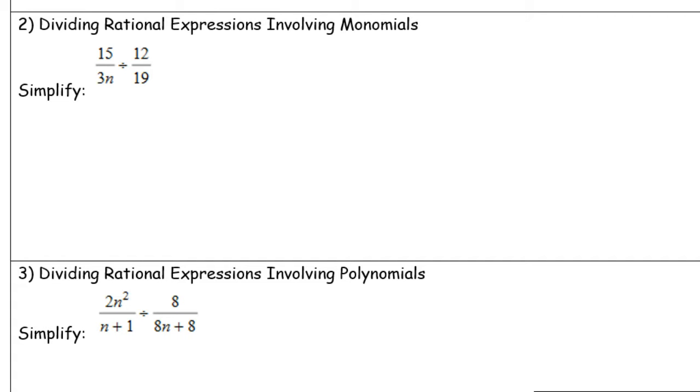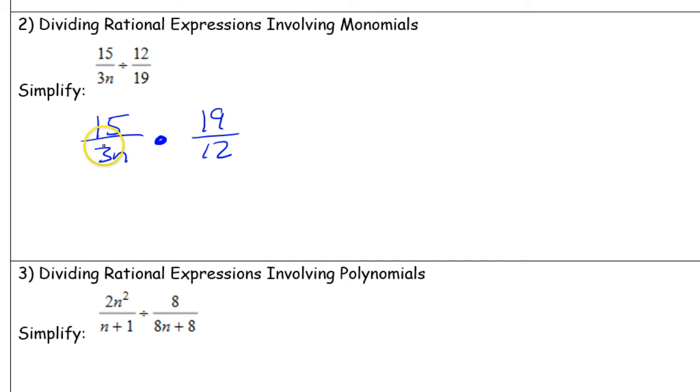Now, with that background, the key thing to remember is that when you divide a fraction, you multiply it by the reciprocal. So this would be the same thing as 15 over 3n times 19 over 12. So you multiply by the reciprocal.